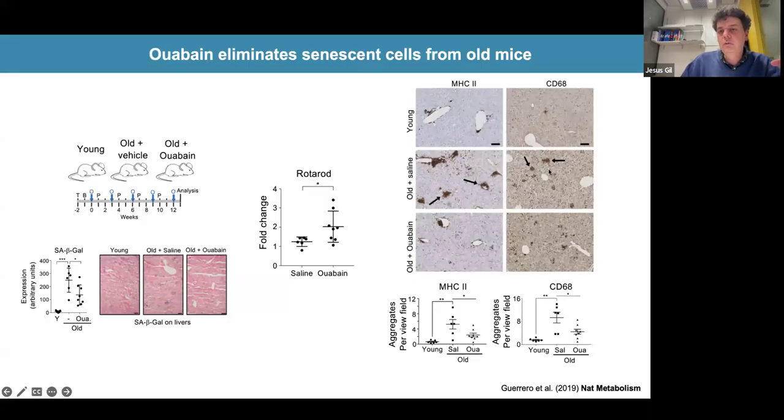And when we look into chronic inflammation, revealed in this case by staining of immune populations that accumulate in the liver of old mice, this chronic immune infiltration basically disappears once we eliminate these senescent cells by treating mice with ouabain.